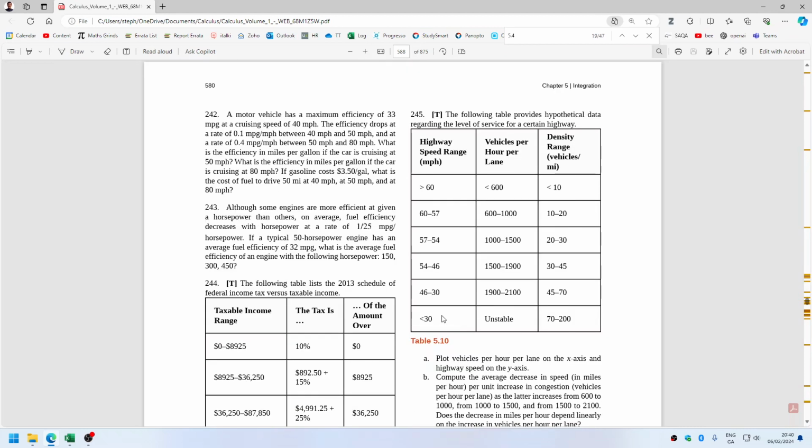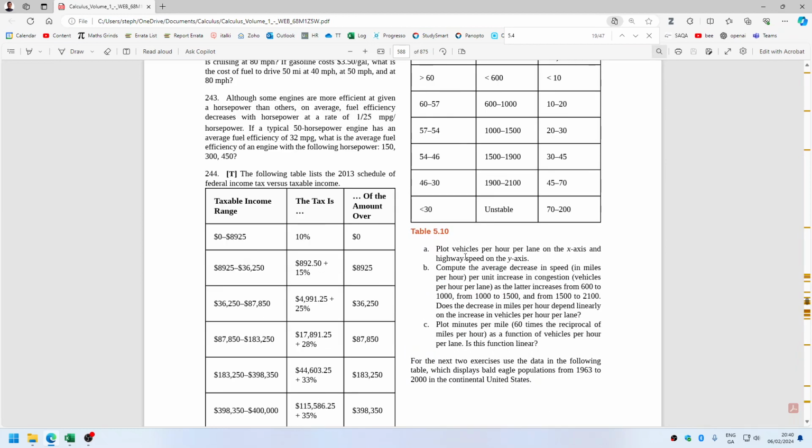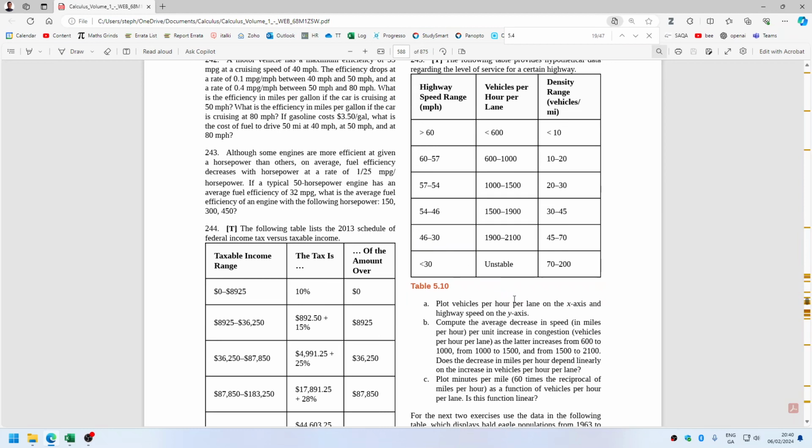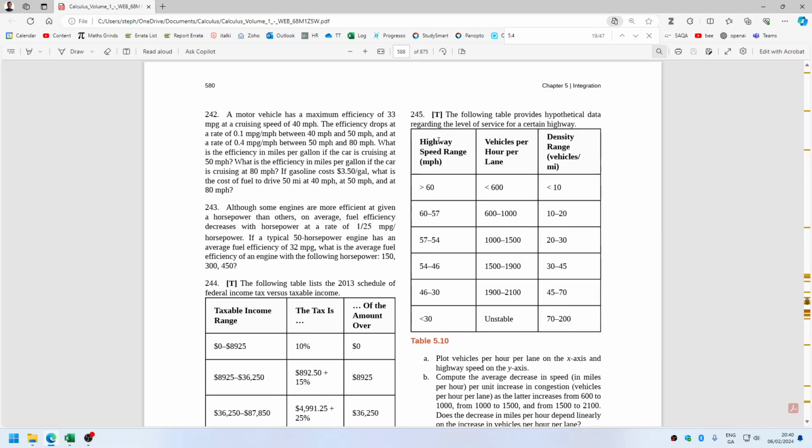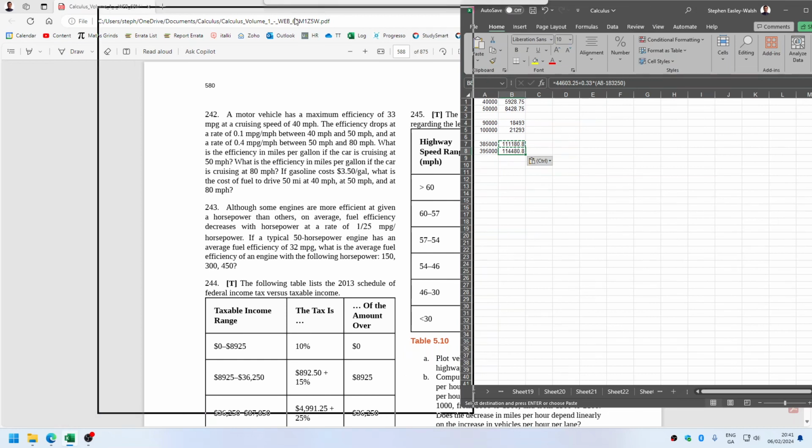Next, the following table provides hypothetical data around levels of service for a certain highway: speed range, vehicles per hour per lane, density range, vehicles per mile. Plot vehicles per hour per lane on the x-axis and highway speed on the y.